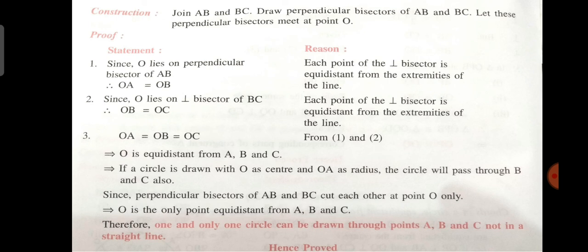Since the bisectors of AB and BC cut each other at the point O only, O is the only point equidistant from A, B and C. That is, one and only one circle can be drawn through the points A, B, C, which are not in a straight line. This is the proof.